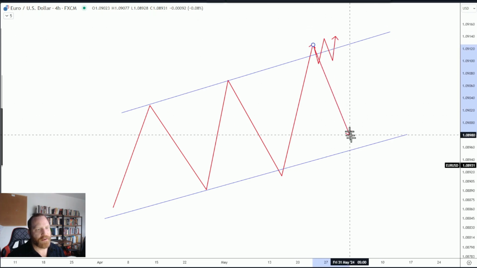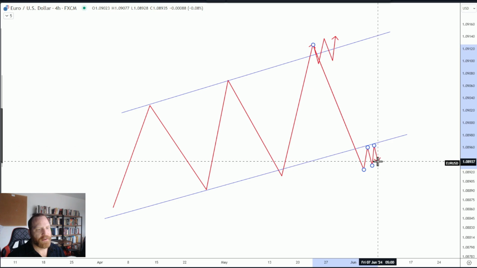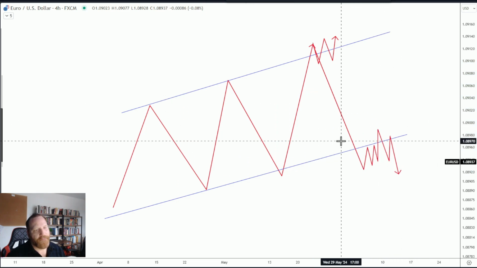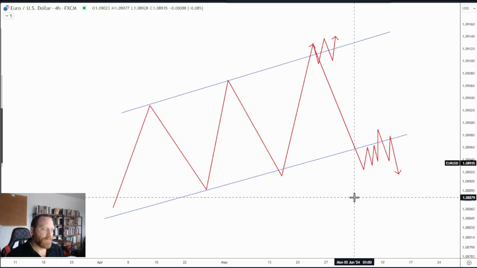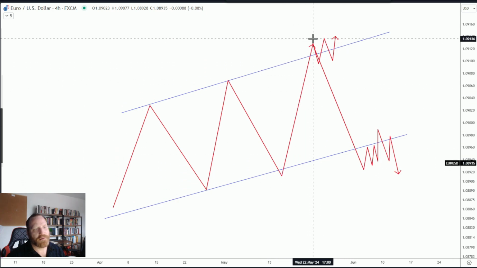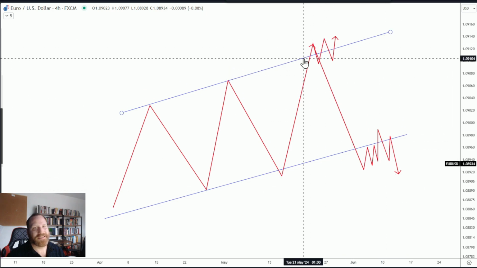It could be on the other side. It could break and then start to make a lot of movement around this, and this is called reaccumulation.